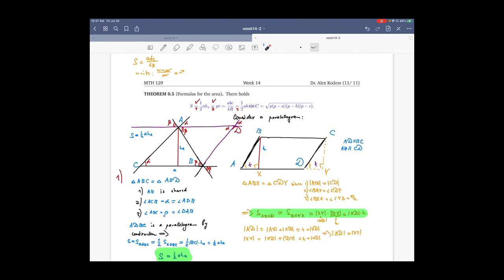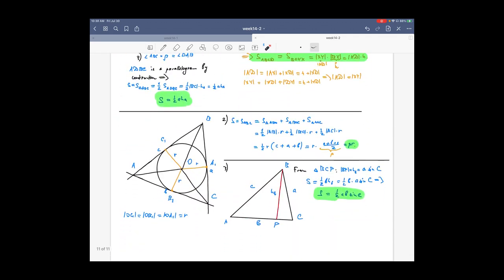This formula follows immediately from the law of sines, 3 and 4. So from the law of sines, c divided by sine C is the diameter of the circumcircle. So from here, sine C is c divided by the diameter.